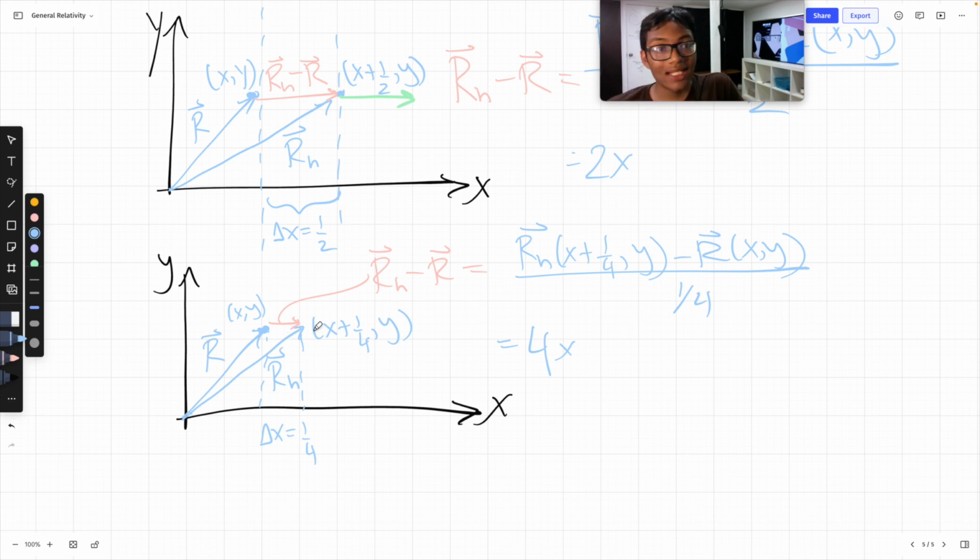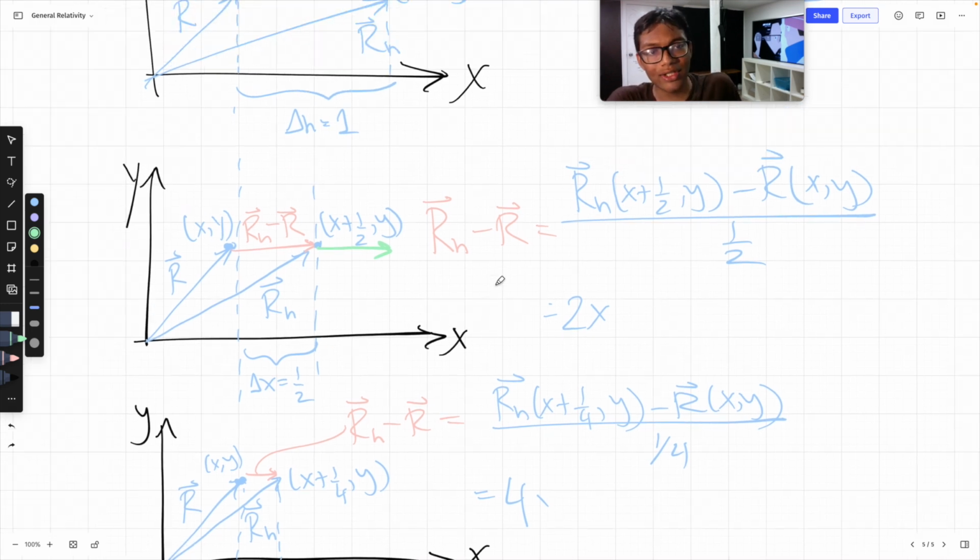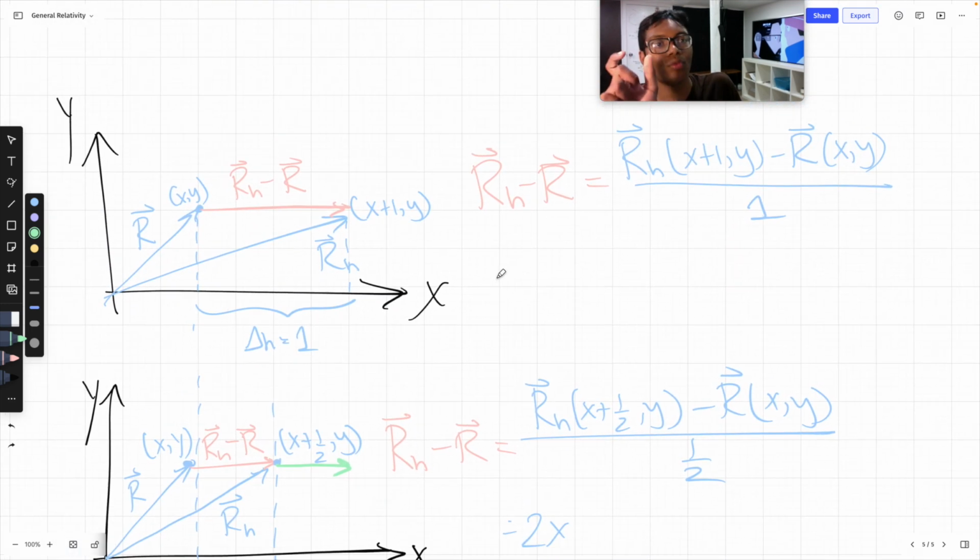And so that means the length of our vector is going to quadruple, so our vector is going to be multiplied in its size 4 times. And so check it out, the vector is going to again be the same length as it was originally, right? And so what's the moral of the story here? The moral of the story is that no matter how small we make this difference between r and r sub h, the length of this vector r sub h minus r is going to stay 1 unit, right?